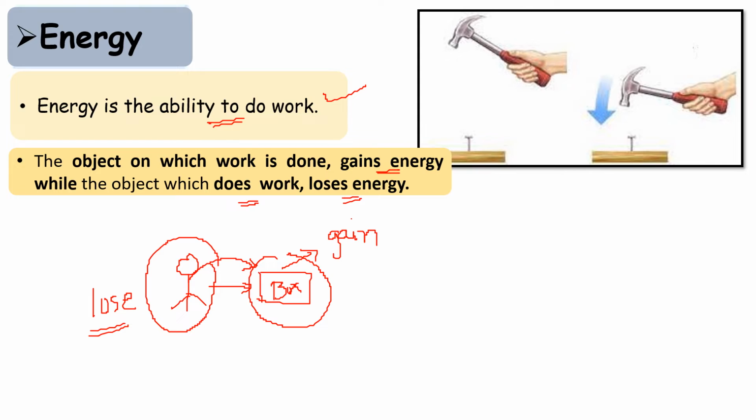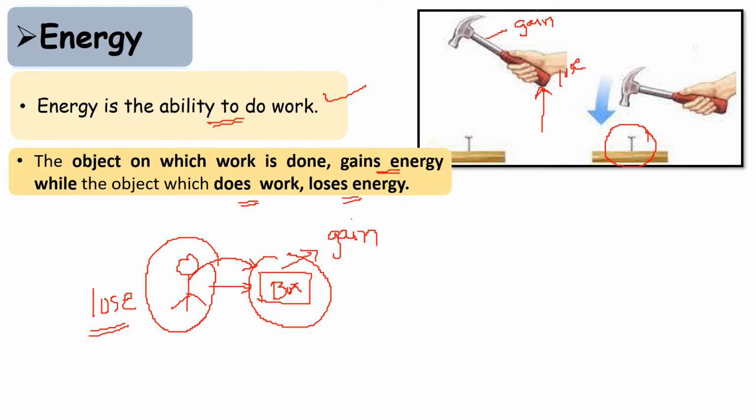Another example, I am raising this hammer. If I am raising this hammer, that means I am doing work on this hammer. So the hammer will gain energy and I will lose energy. Now the second case, the hammer is being brought down to hit this nail.